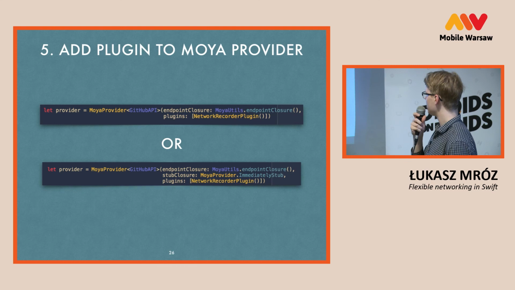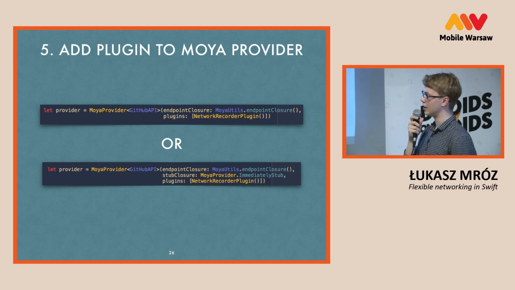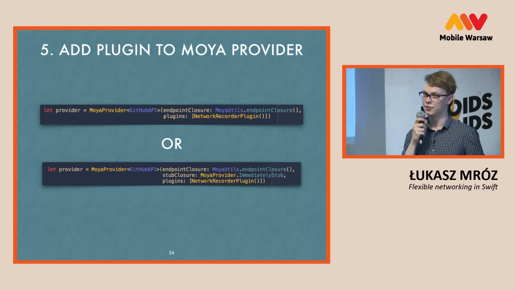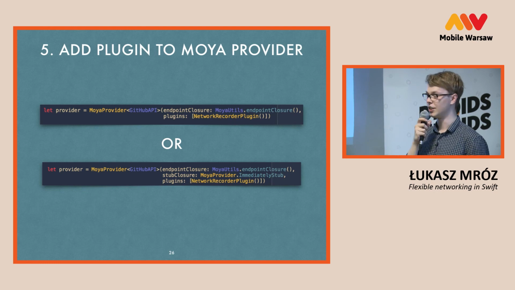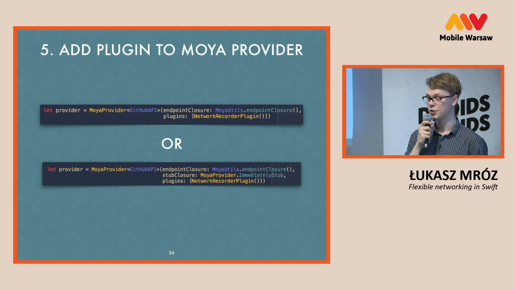So there is also another property of stub closure, which is delayed stub, which you can set that, okay, so after the request, give me a response after 3 seconds. And by default, the stub closure is never stub, so it will always ask the network for the response.